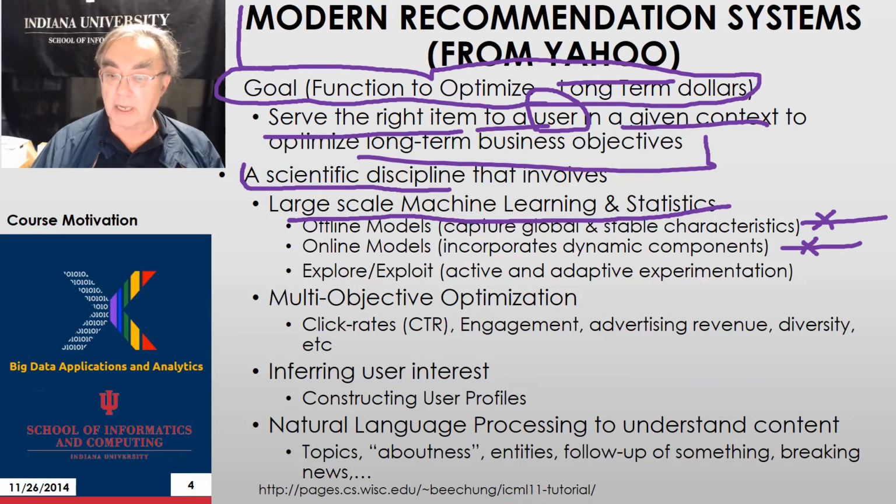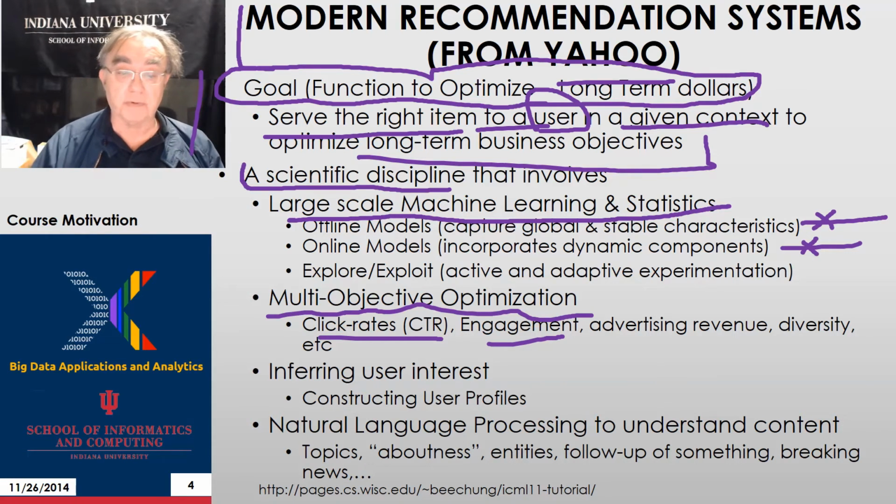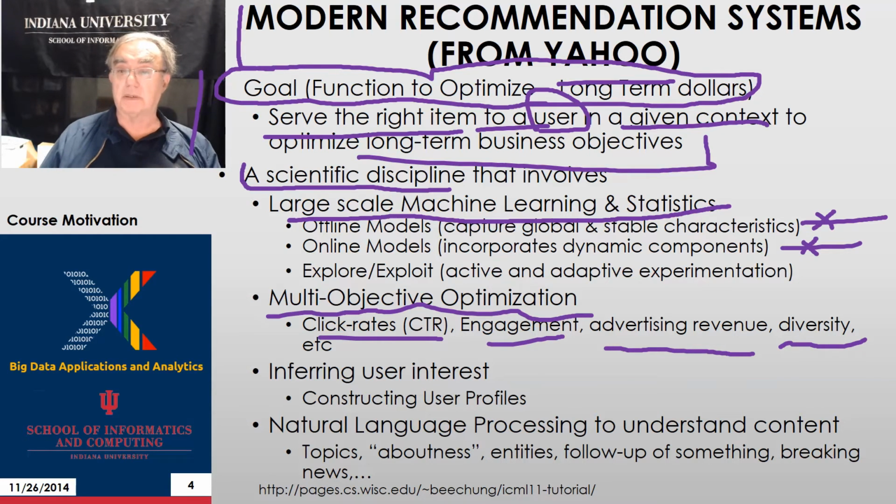And everything has to be, in principle, dynamic. And this page needs to be constructed in real time, according to exactly what you know at this very moment in time. And you have lots of objectives, because up here we listed lots of objectives. Click rates, engagement, which is how long you stay. There's no point if users click but never come back. The money you get, the diversity, that you don't keep recommending the same thing, and so on.